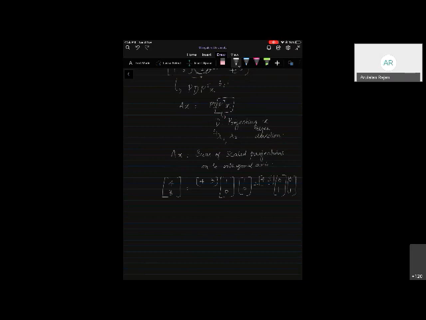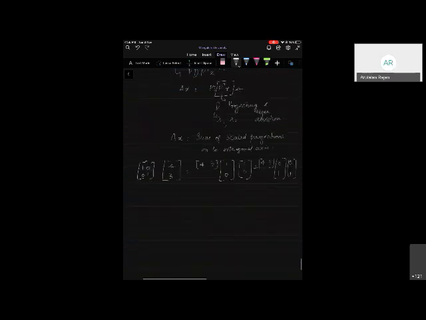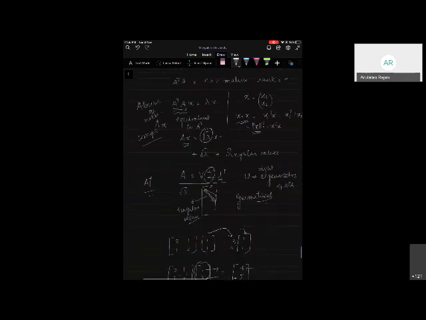So if I say 1, 0, 0, 1 times 4, 3, I simply know what it is. I know that the effect of this identity matrix on the 4, 3 vector is basically the sum of scaled projections onto these two directions. That is exactly what happens here, and that is exactly what you would see here in V sigma transpose also.